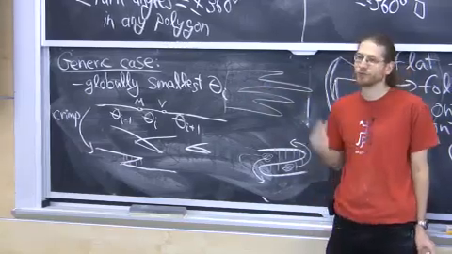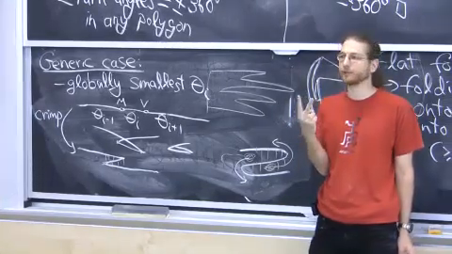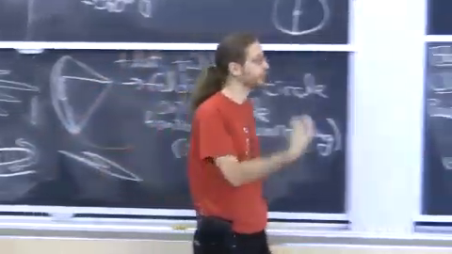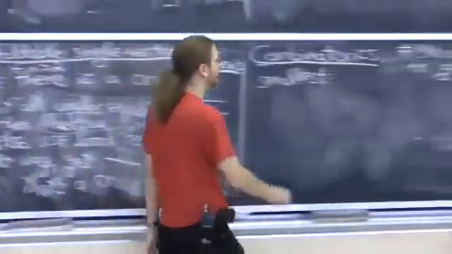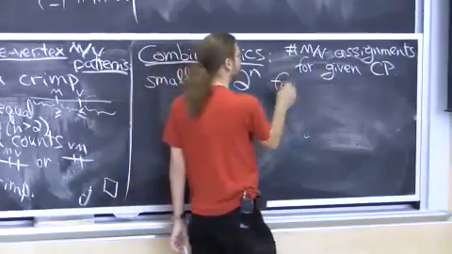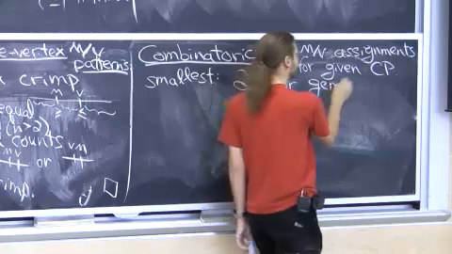So actually, I still have two choices. I could do mountain then valley or valley then mountain. But I only have two choices for that crimp. Then I will have two choices for the next crimp, two choices for the next crimp. In general, I get 2 to the n possible mountain valley assignments for the generic case.